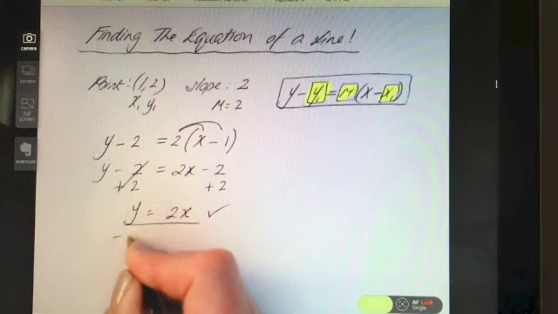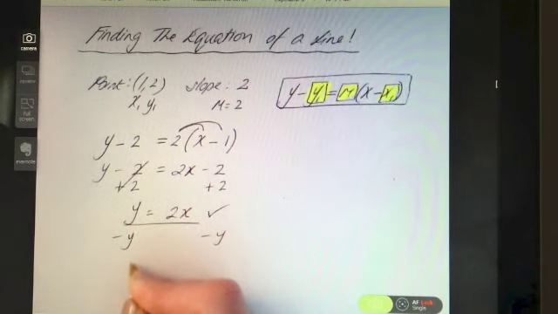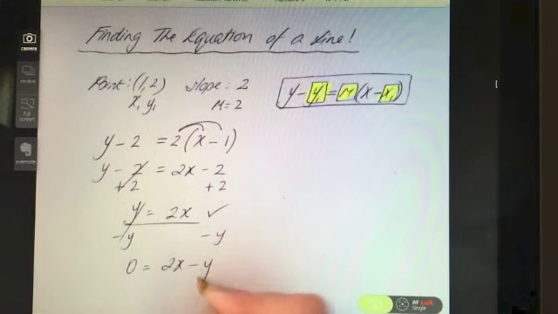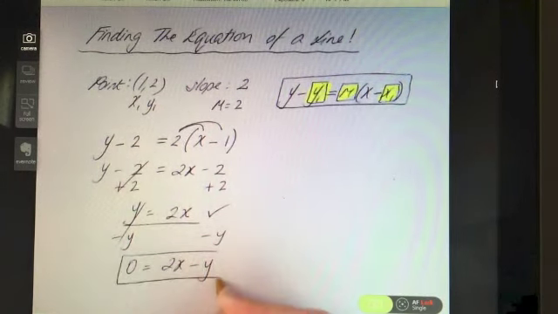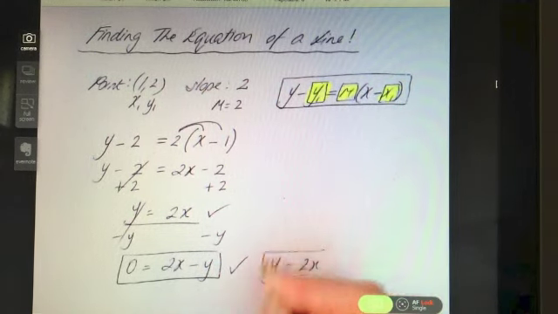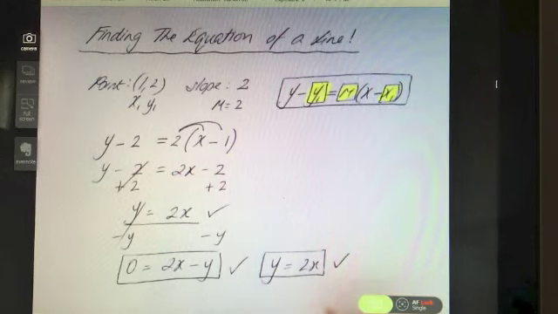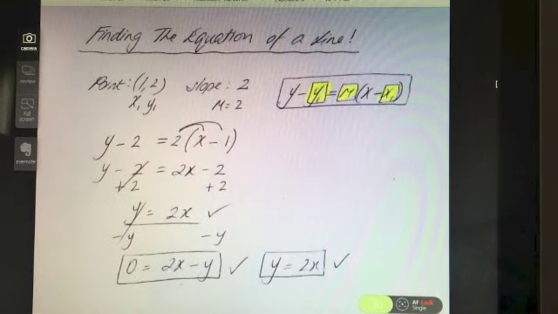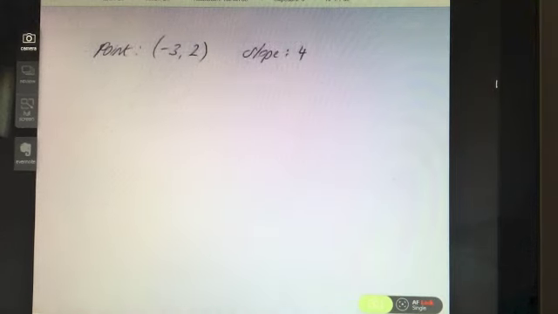In other words, maybe that we take away the y from both sides to leave nothing on one side, but then that would leave you with 2x minus y on the right hand side. So that is correct, but also that first answer there is also perfectly accurate and correct. These are both the very same. They are just manipulations of each other, and they are the equation of the line containing the point 1, 2 and the slope 2.